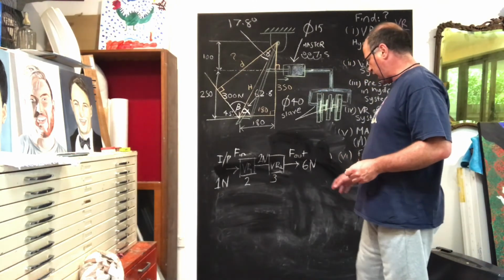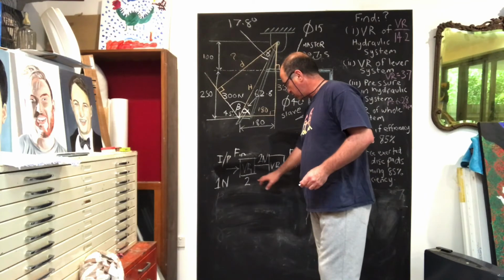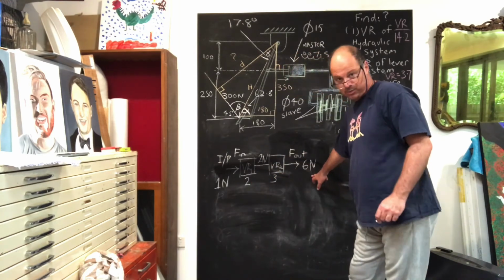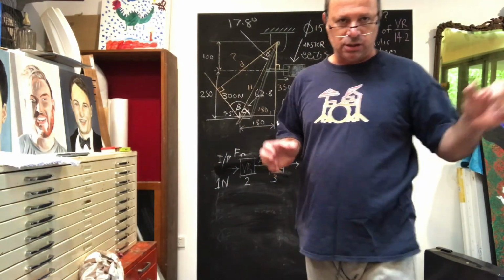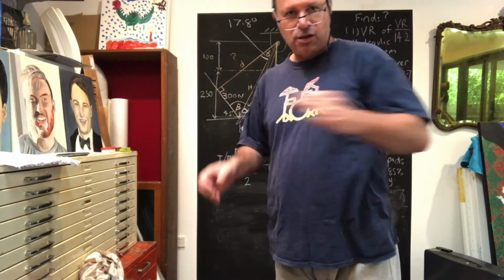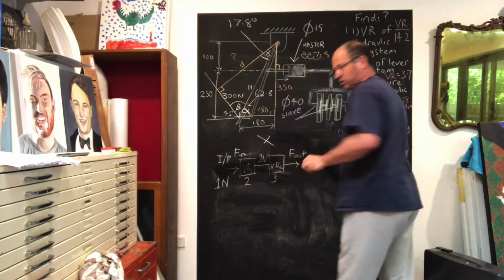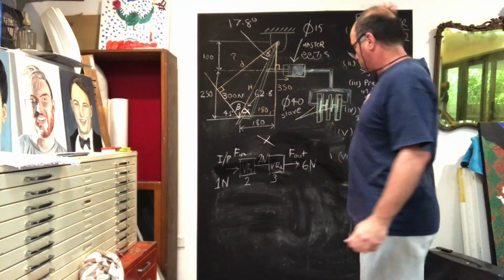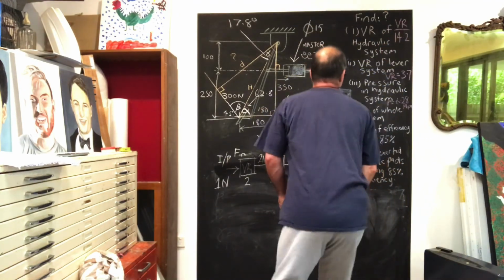Now if I added those 2 velocity ratios, 2 plus 3, you would get a velocity ratio of 5, which would mean we have 5 coming out. So that's why you don't add. When you've got a chain of velocity ratios, one feeding into the other, what do we multiply. Okay, so to answer this question, we've got a velocity ratio in the first part, the hydraulic system.